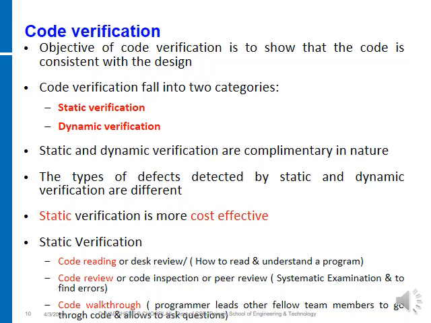Code review, code inspection or peer review is the systematic examination to find errors, whereas code reading is about how to read and understand a program. In code review, we go through a systematic method and find errors.